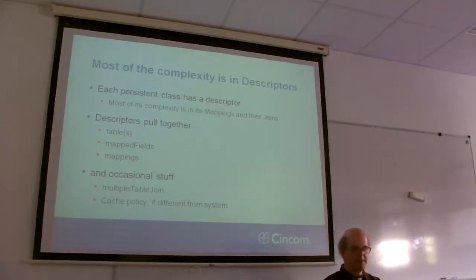But there is this multiple table join, and it's there in the descriptor so that you can tell it if you have outer joins. And a point to be aware of is, hang on a sec, I've told it in the join. If I set up my mapping to have a join that was an outer join, I've already told it. Why am I telling it twice? And my answer actually is probably you shouldn't.